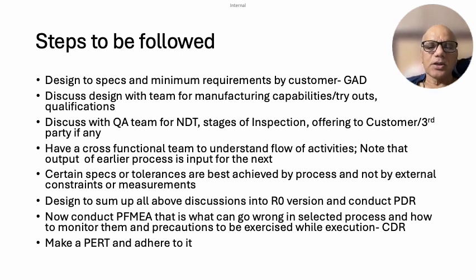Any shortcut in this will create havoc during execution, while the jobs or the parts or the assemblies are on the shop floor, and once the job is kicked off on the shop floor, then we cannot wait.